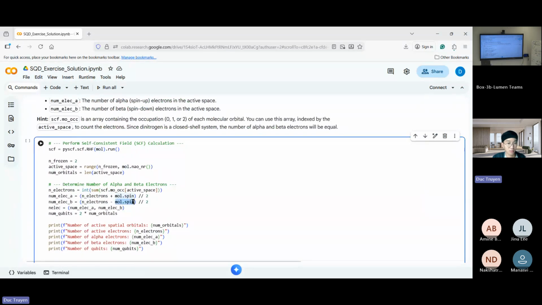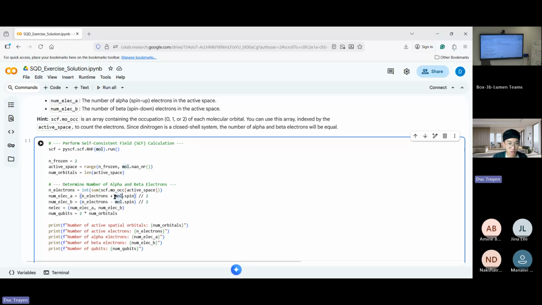In the case of nitrogen, this just gives us the difference between the spin up and spin down numbers. In oxygen it is non-zero, but in nitrogen it is zero, so it's not necessary.